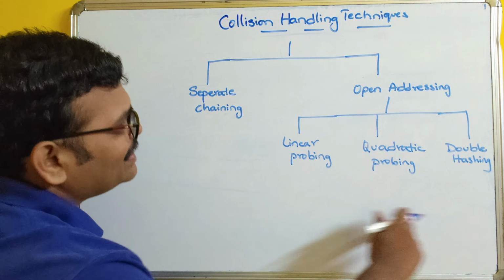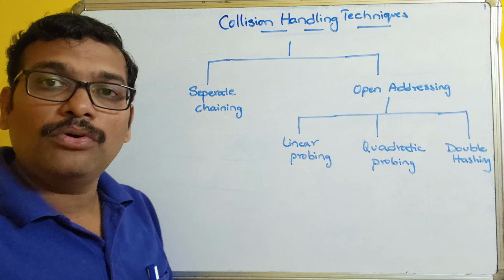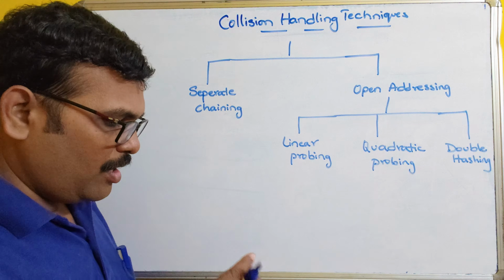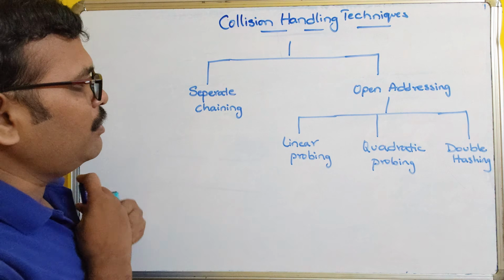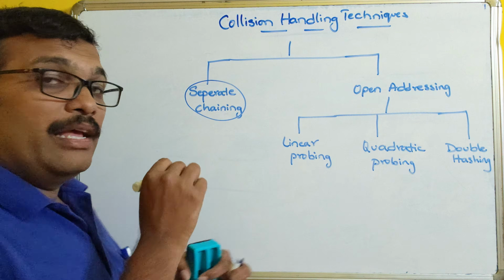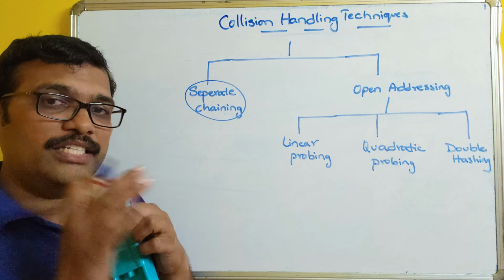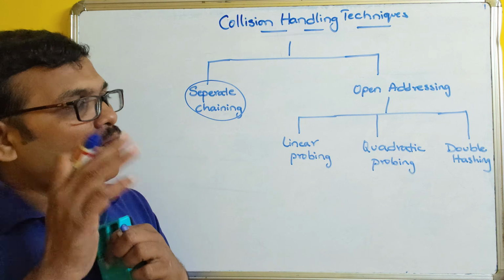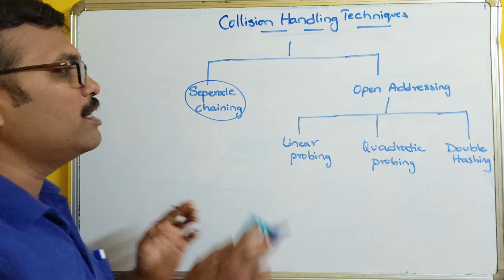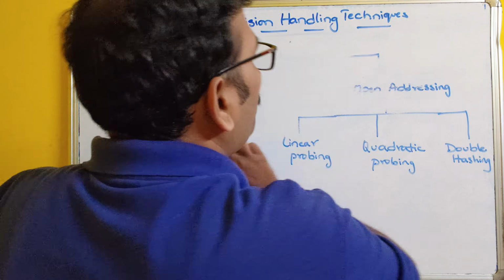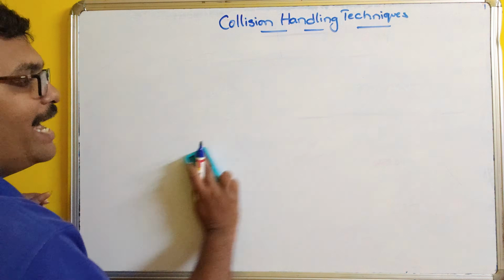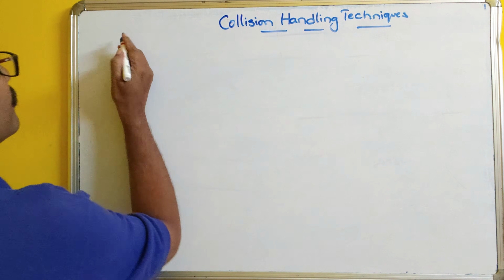All these techniques are used to handle collisions in hashing. Now in this session we'll focus on separate chaining. That means if any collision occurs in the hashing, how it can be handled in separate chaining, and what is the drawback. Hope you understood. These are the techniques to handle the collisions in hashing.